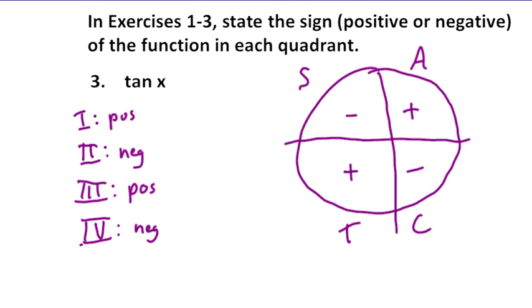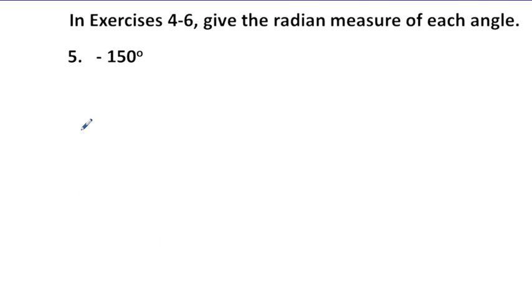Okay, on to problem number 5. And exercises 4 through 6 give the radian measure of each angle. And for that, pi radians is equal to 180 degrees. So it's a matter of knowing what we need to cancel out. So negative 150 degrees, what are we trying to cancel out to get into radians?